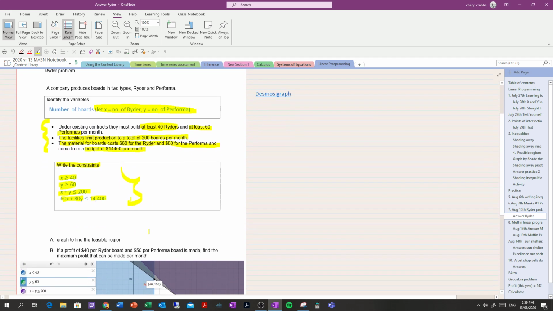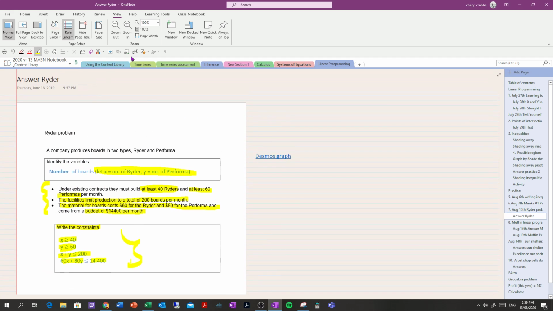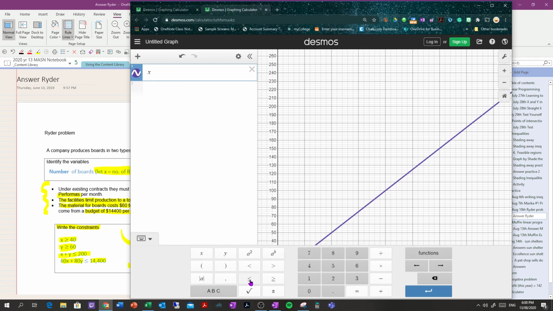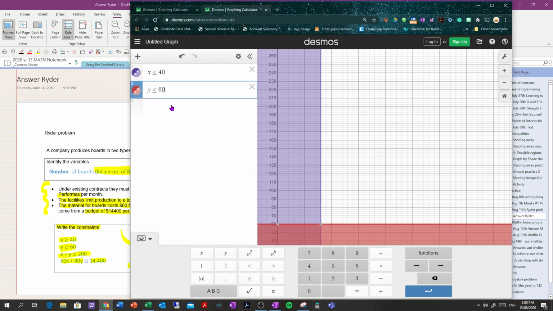So the next thing that you have to do is graph these. Remember that when we put this into Desmos, we have to flip the signs because Desmos doesn't shade away. So in order to get this to shade away, we flip the sign: X is less than or equal to 40. And then Y is less than or equal to 60.